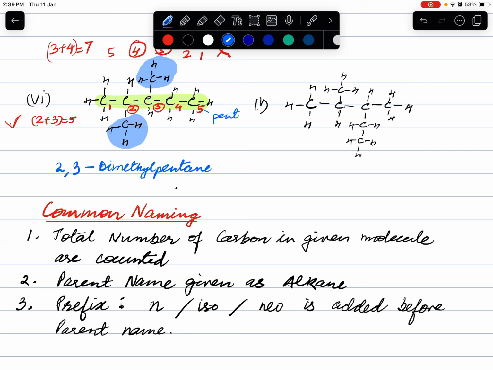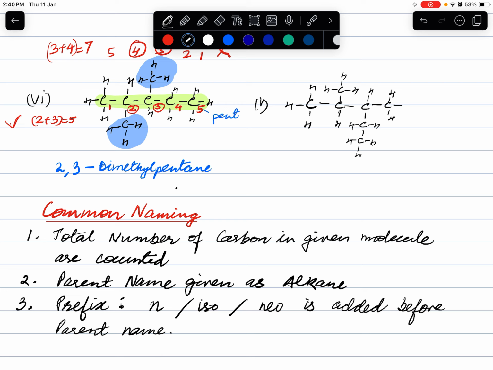Okay. Now come to the next one. In this case, your main chain is this one. Is it right? Main chain is this one or not? Find out the longest chain. Well, just a minute. You will have confusion. We will add one more carbon so that it will be more clear to you.